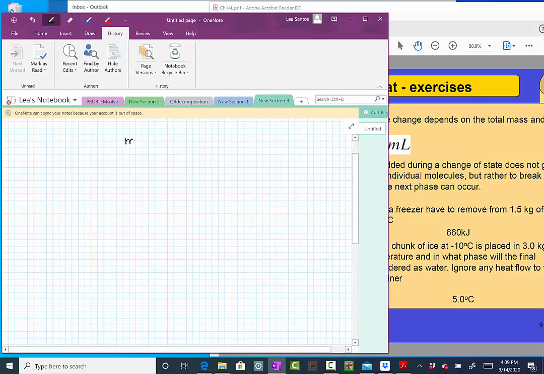We have this mass, 1.5 kilograms of liquid water, originally at an initial temperature of 20 Celsius. We want to end up at a final temperature of minus 12 Celsius. So at this point we have liquid water. At the end we will have ice, solid.